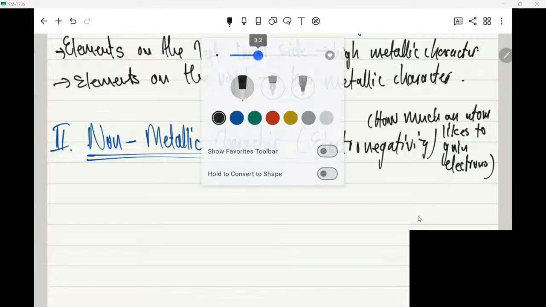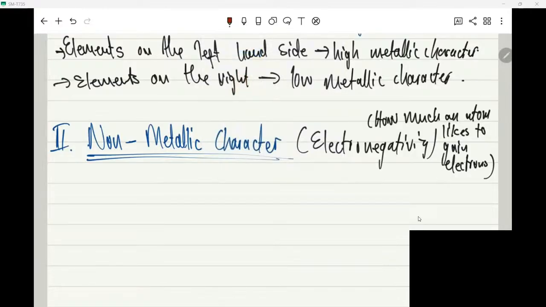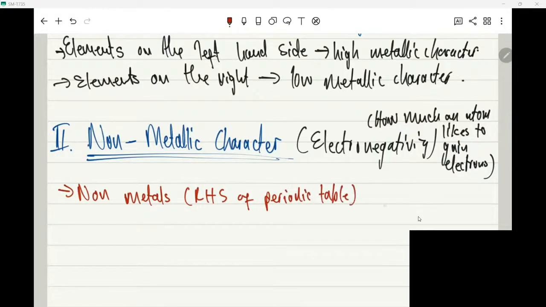Now, what must we say here? You must say non-metals. Where are they? Right-hand side of the periodic table. What do they like to do? These non-metals on the right-hand side of the periodic table have a high non-metallic character.